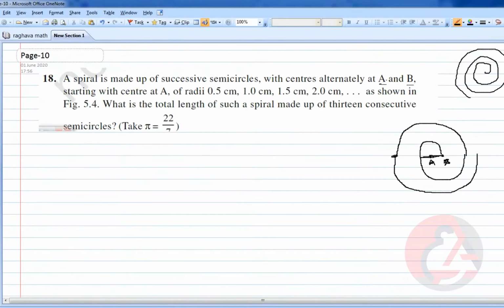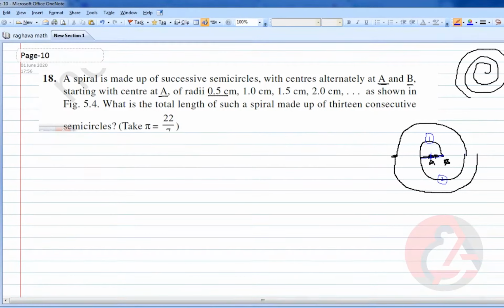A spiral is made up of successive semicircles with the centers alternately A, B, starting with center A of radius 0.5 centimeter. This is the center A. This is the first semicircle, so its radius is 0.5. This is the second semicircle. Its radius is 1 centimeter.